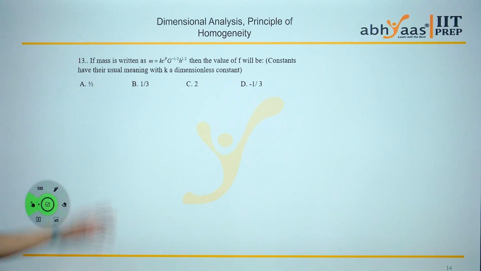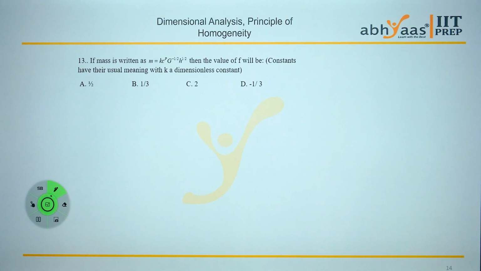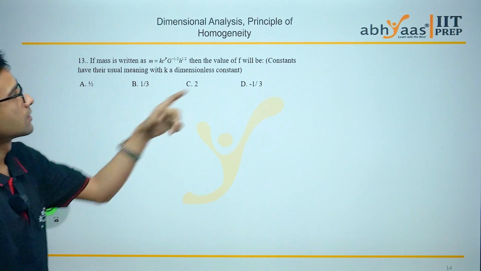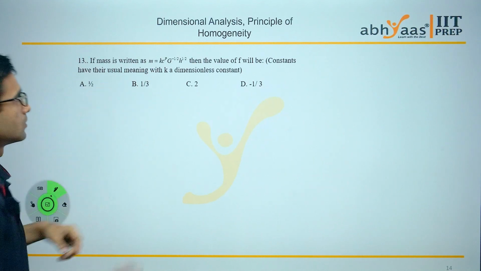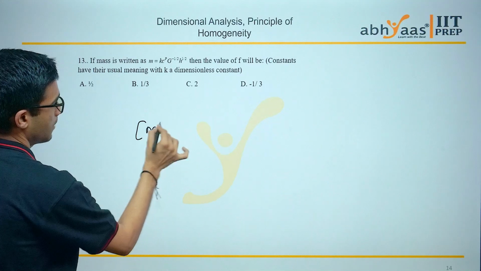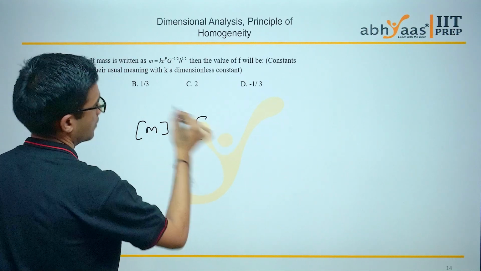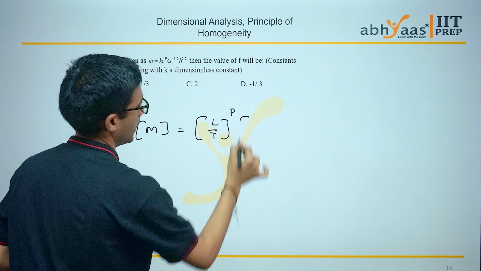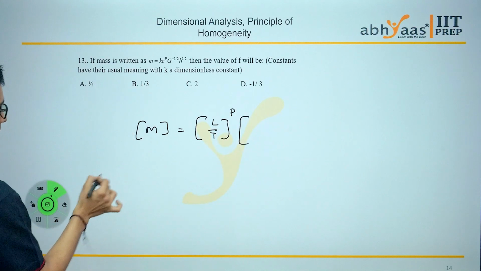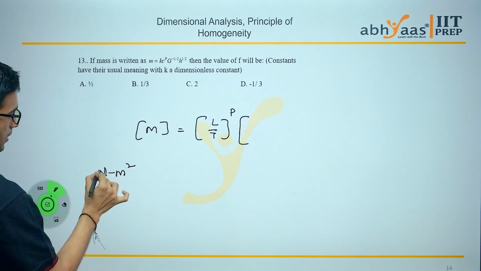Next question. If you observe the 13th question, what do we have to check? K is the dimensional constant, and we have to find the P value. Mass is M, you can write it like this. K is a constant. C is velocity, L by T. And G is the universal gravitation constant, Newton meter square by kg square.